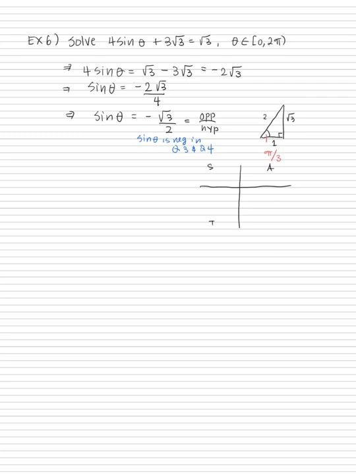All students take calc. Okay, so sine is definitely negative in quadrant 3 and in quadrant 4. So what we need to do is revolve negative pi over 3 units from the initial side. Let me just draw this.